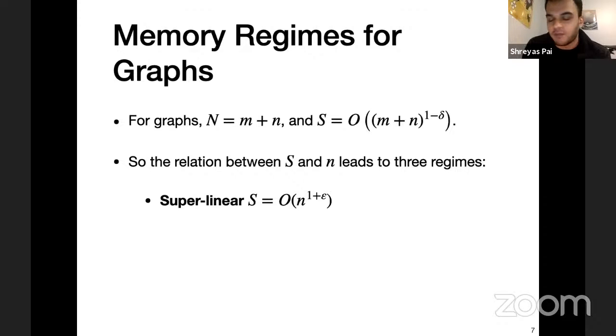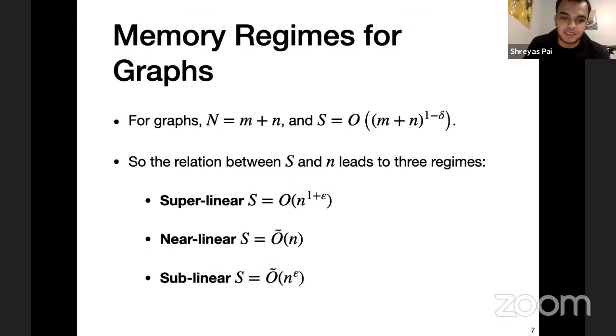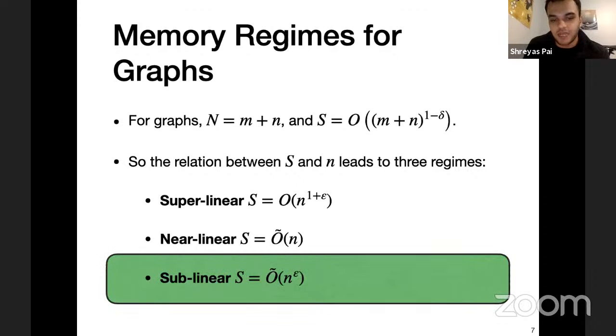This regime only applies when your graphs are sufficiently dense. Then there is the near linear regime, where S is roughly linear in the number of vertices. And then there is the sublinear regime, where S is strictly sublinear in the number of vertices. We work in this sublinear memory regime in this talk and in this paper as well.